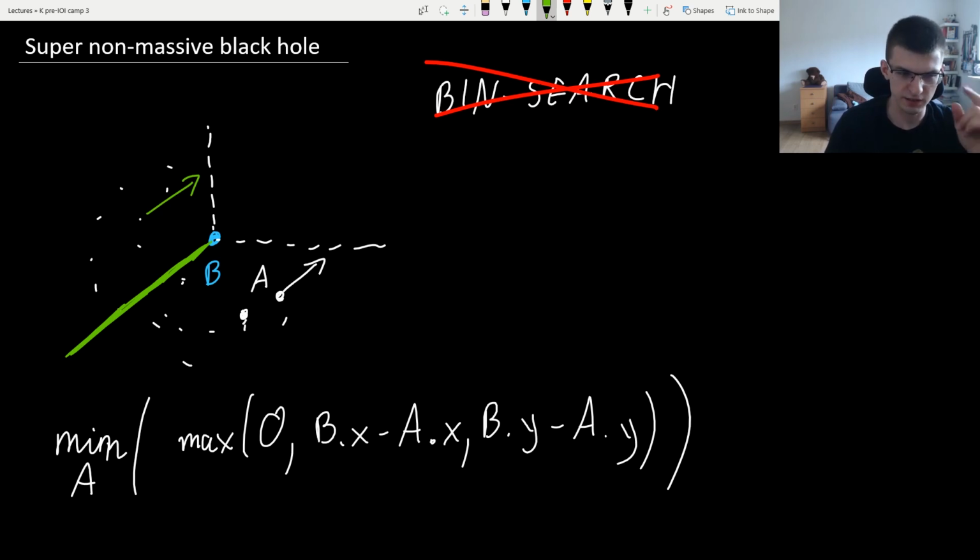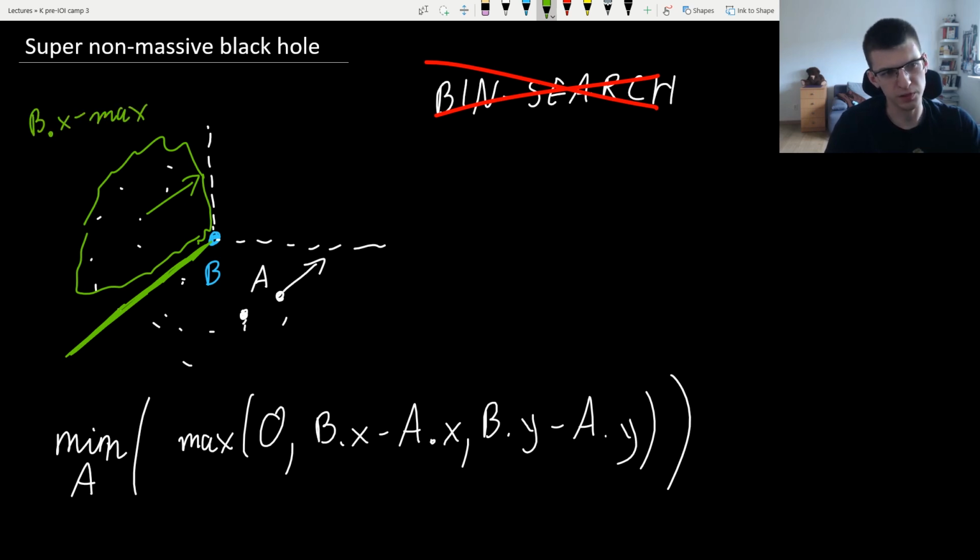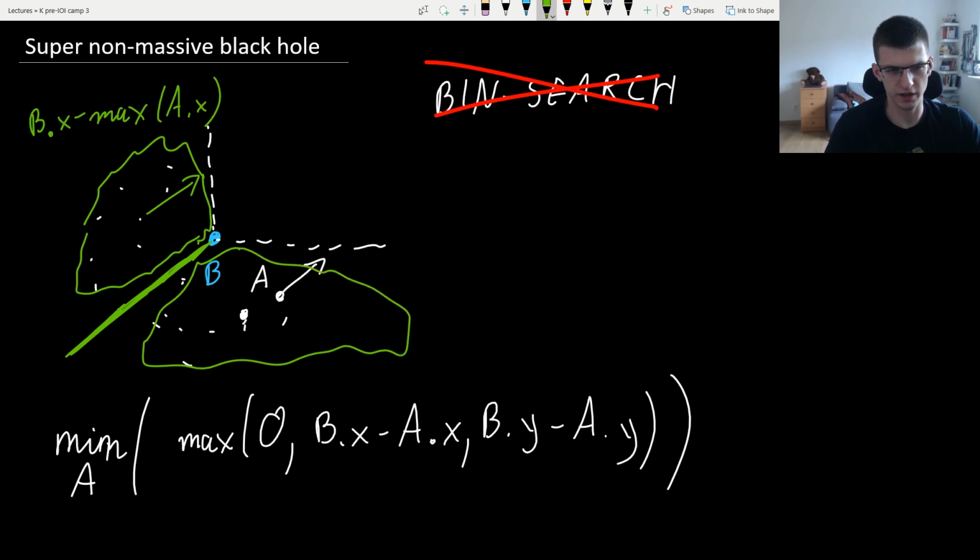So I can say that the answer for B, the value by which I need to shift A, from all these points, I need to find actually just Bx minus the rightmost point. For this area, I need to find By minus max of Ay.